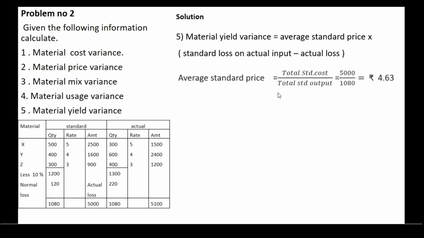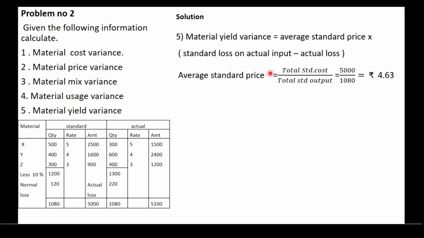So first we find out the average standard price. The standard loss and the actual loss have to be given in the problem. They have to provide it. But the average standard price, the problem does not provide that information.